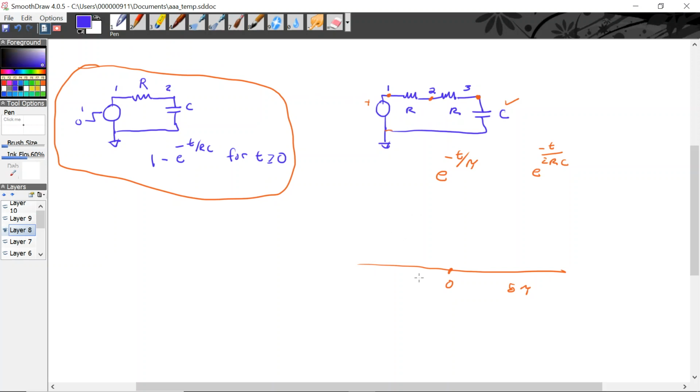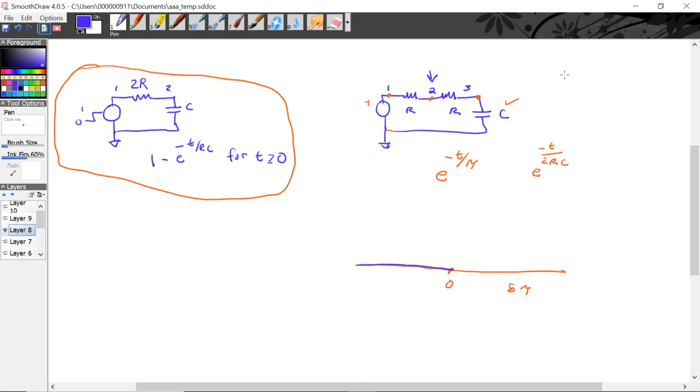Let's just do that in blue. We're talking about node 2 here, because node 3 is really just this problem here, except you just have to combine the 2R. But we want node 2.